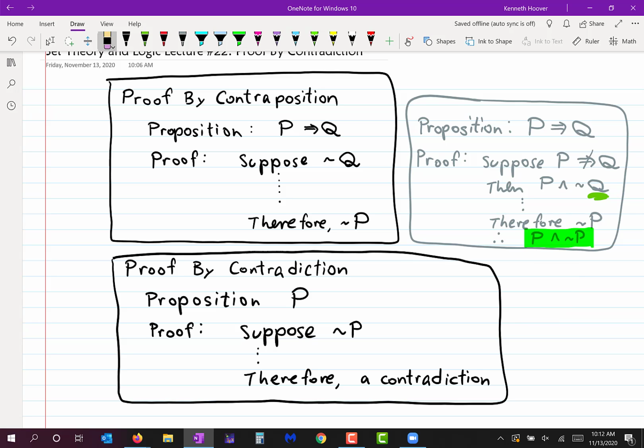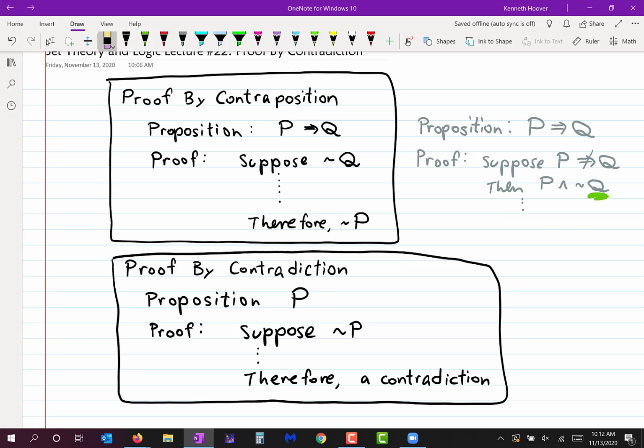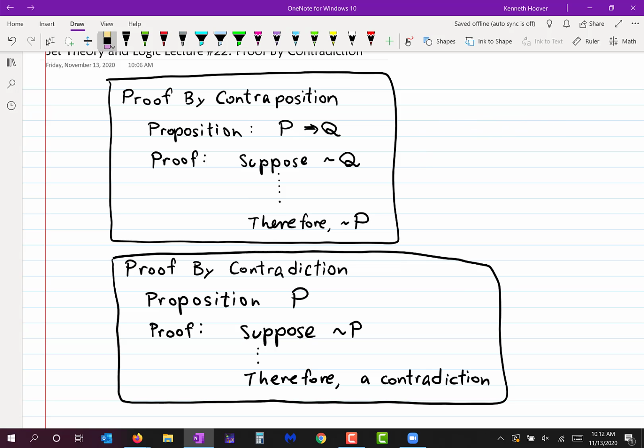Okay? And the reason why I'm pointing that out for you is because there's an awful lot of people who don't even use the term proof by contraposition. They will just use the term proof by contradiction for both of these types. Okay? So if you mention to somebody, oh, let's do a proof by contraposition, and they say, what does that mean?